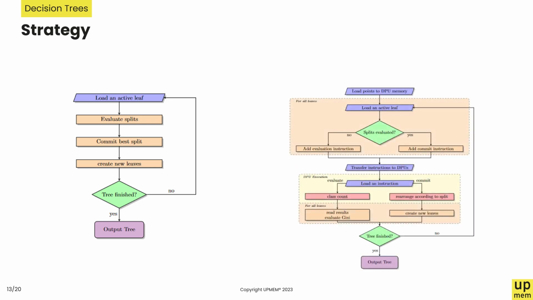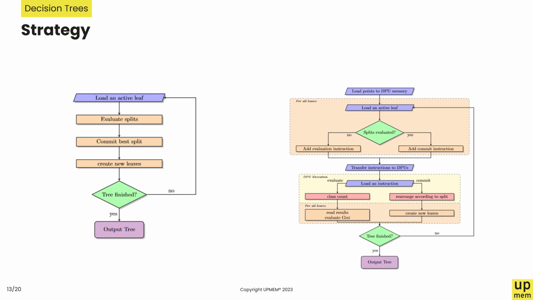So on DPU, you do the same thing, but this time, because we want to parallelize as much as possible, we do that in a breadth-first fashion. So instead of doing the leaves one by one, we work on all the active leaves all together. So this is the CPU. It's looking at all the leaves. Say, hey, have we evaluated the split yet?